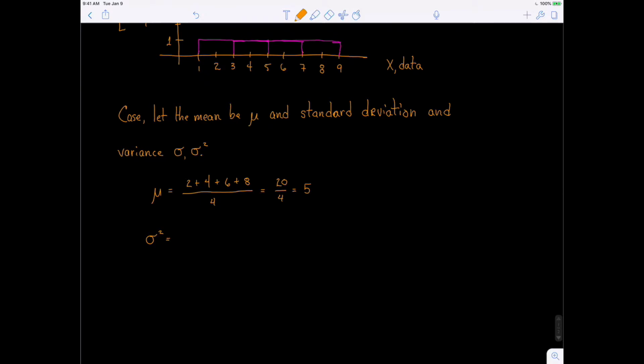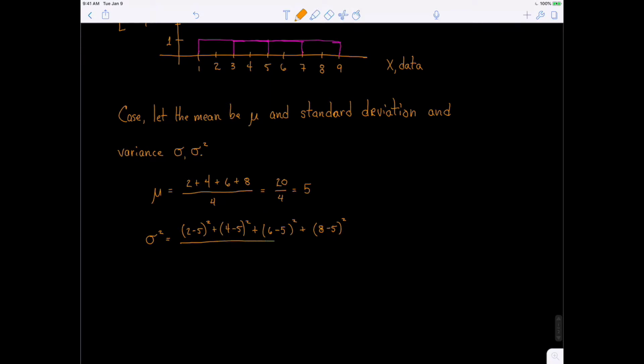So the variance says we're going to take the data, the first one is 2, and we'll subtract the mean and square that, plus the next data value, 4 minus the mean of 5 squared, plus our next data value, 6 minus 5 squared, and then finally my last one is 8 minus 5 squared.